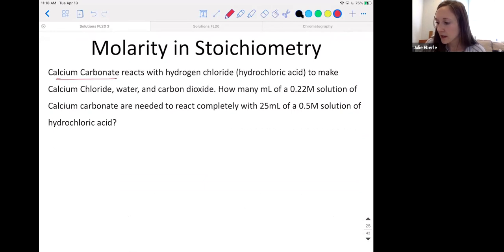It says calcium carbonate reacts with hydrogen chloride, hydrochloric acid. So these are your two reactants. What is the formula for calcium carbonate and hydrochloric acid? Carbonate is a polyatomic ion. You guys remember those?